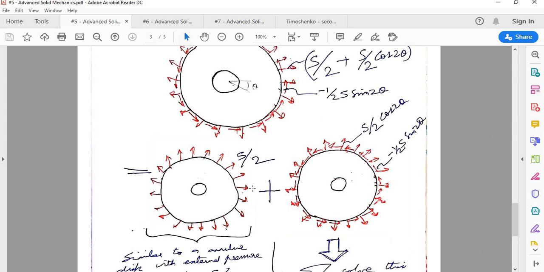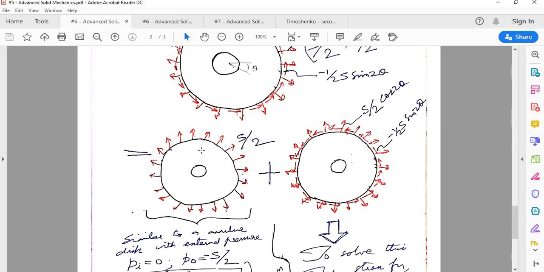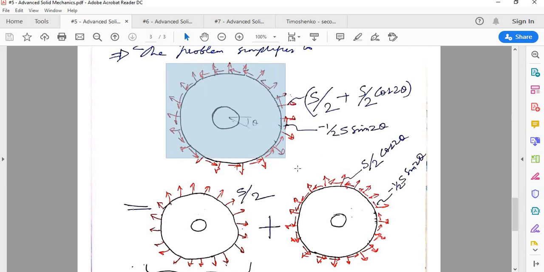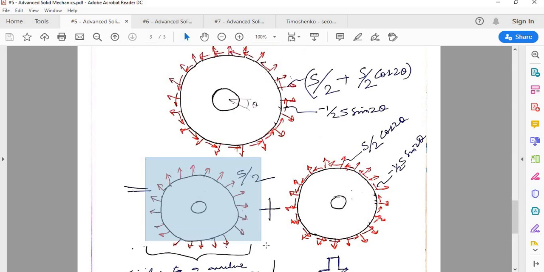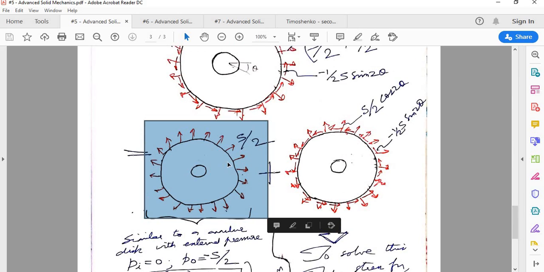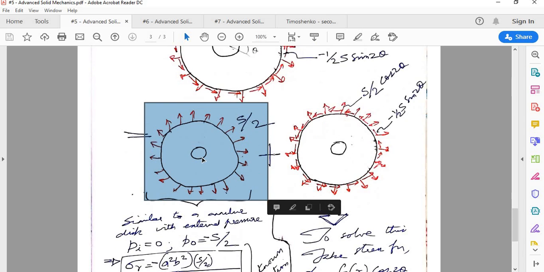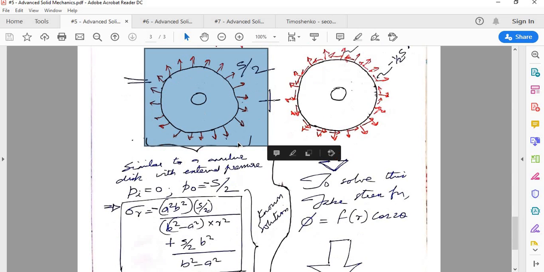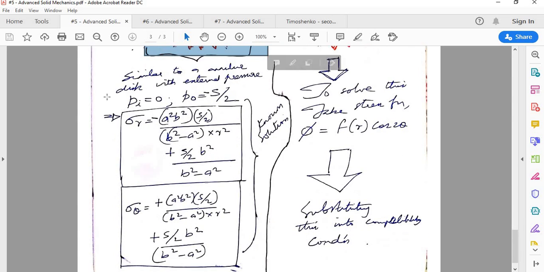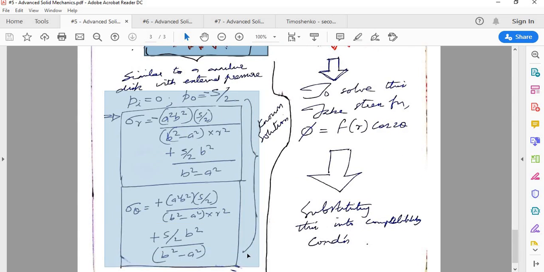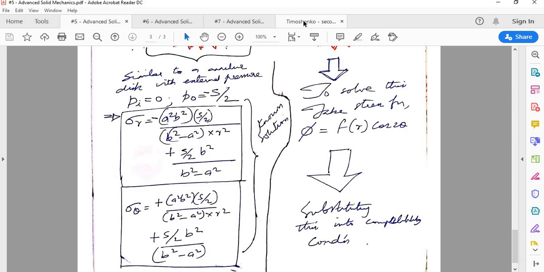One of the tricks we used in solving this is that we split the problem into two parts, such that one part has loads which are independent of theta, or loads which are basically symmetric about the axis. Based on this only, we had used this particular formulation.